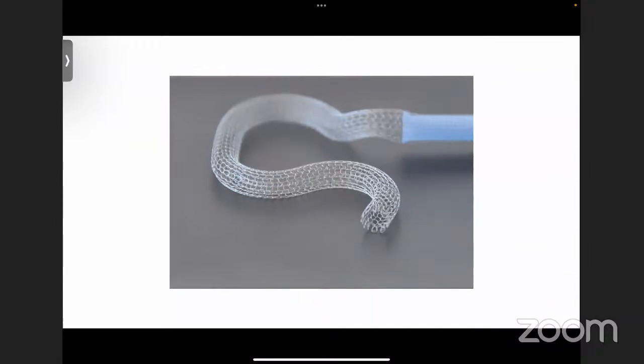I saw this and didn't want to mention it, but then when Walid mentioned it, I decided to include a picture. This is the external support for the saphenous vein. It's still being studied.